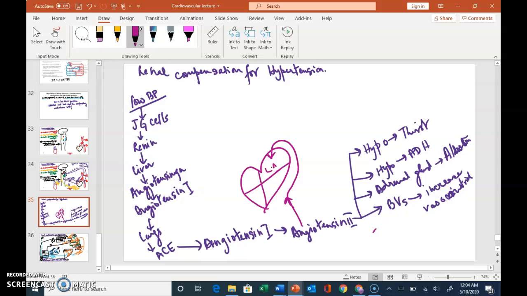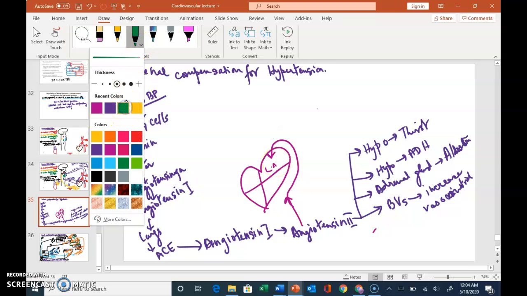So angiotensin 2 can work on the left atrium, and that activates specialized receptors.